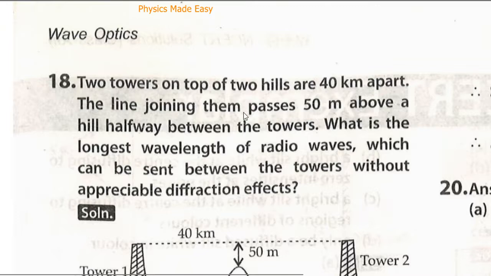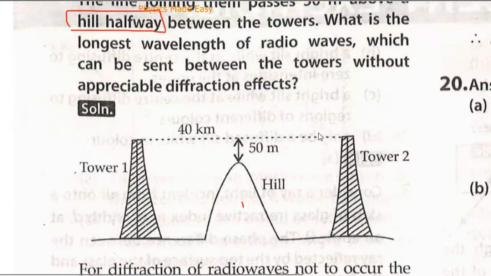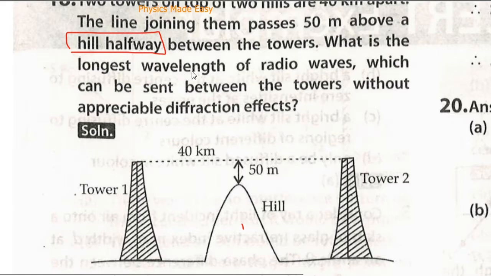The line joining them passes over a hill 50 meters above, halfway between the towers. What is the longest wavelength of the radio waves that can be sent between the towers without the application of diffraction effect?